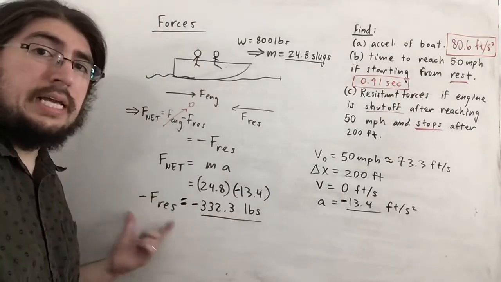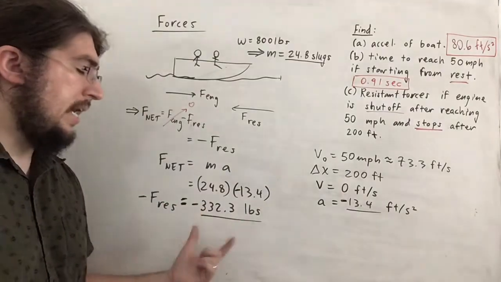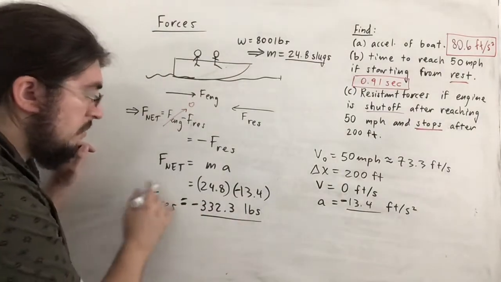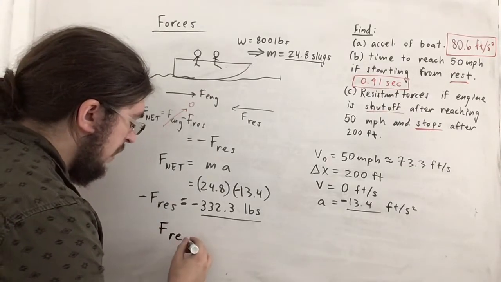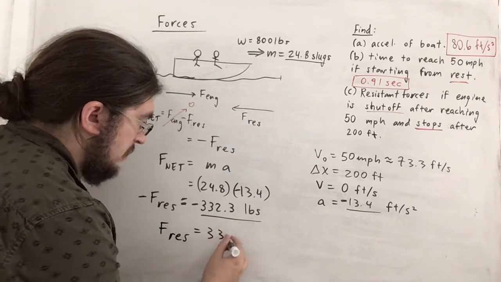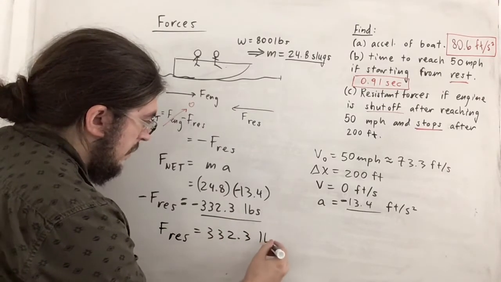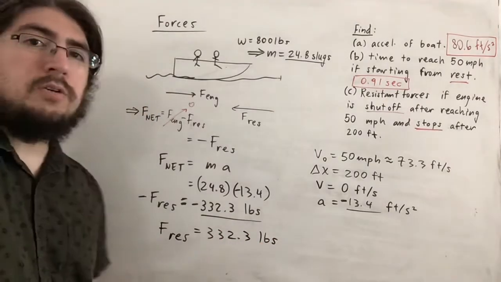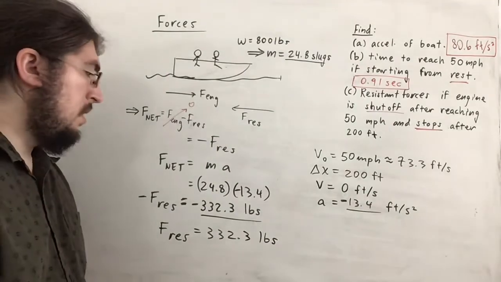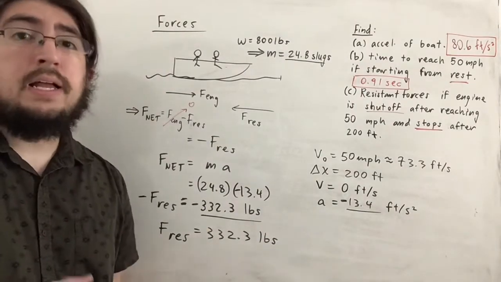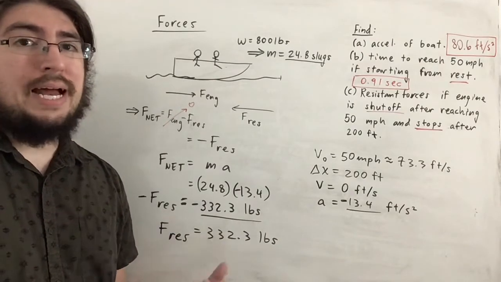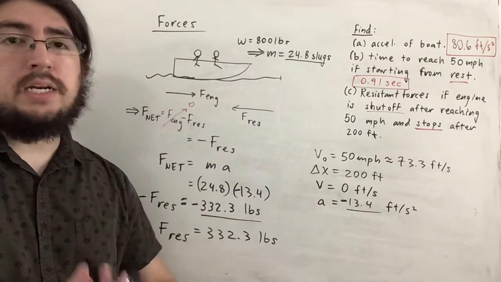Since this says it's negative, then that means we should get a negative here, because this resistance force without the negative represents the resistance force as a positive magnitude. So magnitude is always positive for vectors, which I know sounds confusing because sometimes we think of vectors as being positive or negative depending on direction, but that is the vector with the direction in mind.